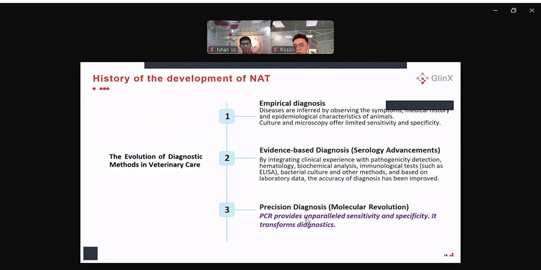At this stage, diagnosis was based not only on clinical experience, but also on pathogen detection, like the hematology machine, which is the CBC machine, the biochemical analysis machine, and immunological tests like the rapid tests, which came into the market.